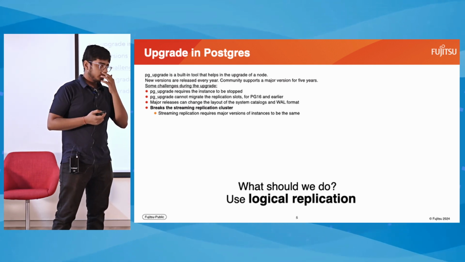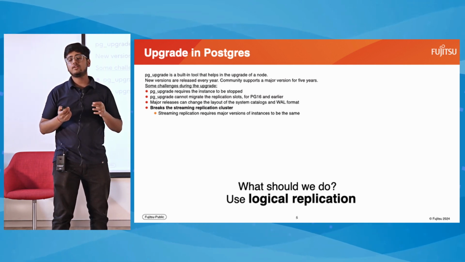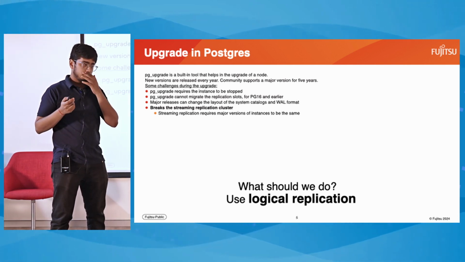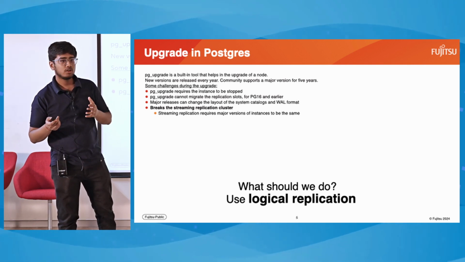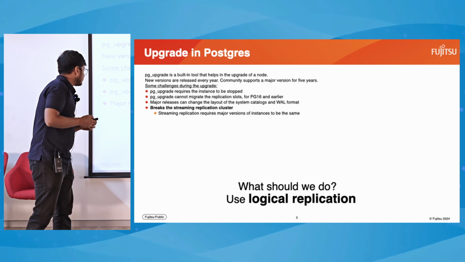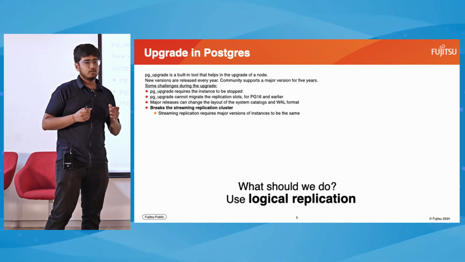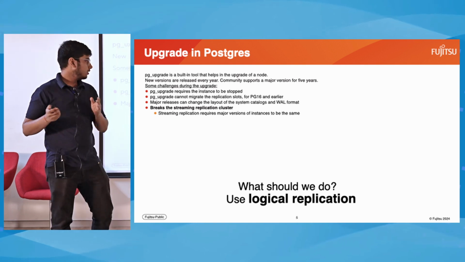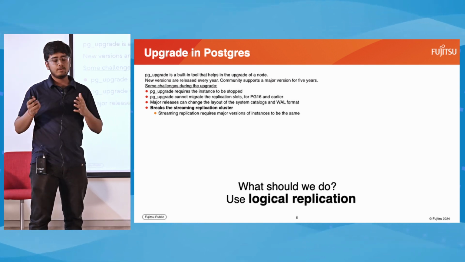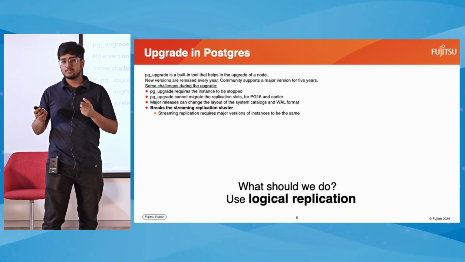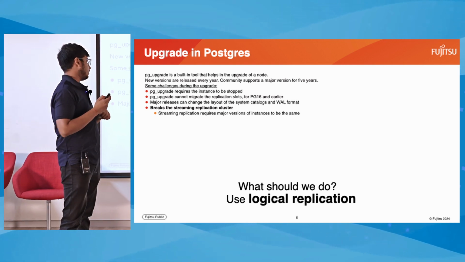One more drawback of pg_upgrade is that during the migration, it does not migrate the replication slots. Also, major versions can have different layouts for the system catalogs, and they can have different WAL formats. So this is one issue.